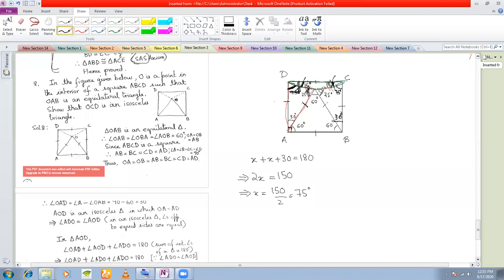Therefore, the sides opposite to the equal angles must be equal. In any triangle, the sides opposite to equal angles are equal. So this side is equal to this side, because this angle is opposite to this side, and this angle is opposite to this side, by the converse of the theorem. And therefore OCD is an isosceles triangle. Any questions?